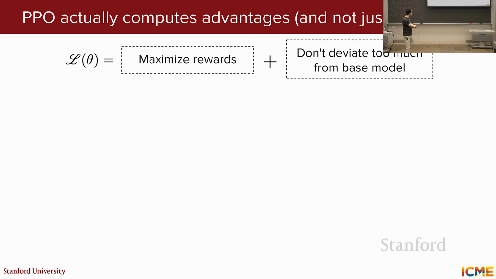So with that, we're going to go a little bit more in depth into the loss function. I mentioned that the loss function tries to maximize for rewards, but also make it so that the model does not deviate too much from the base model.